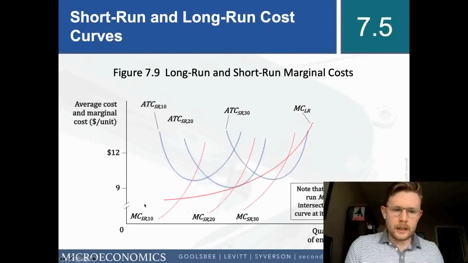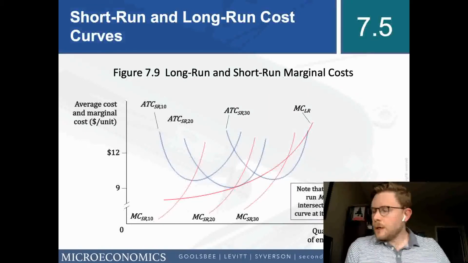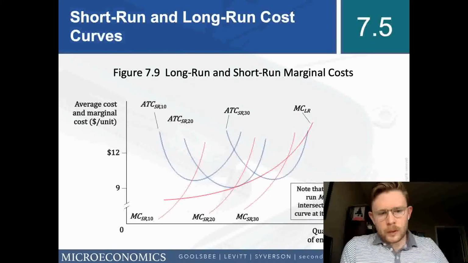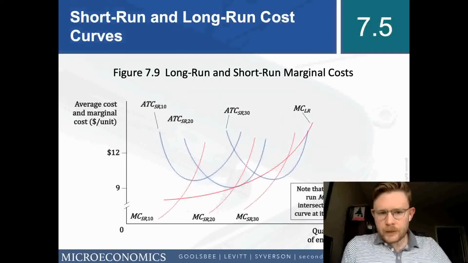You'll notice, similar to the previous lecture, the short run marginal cost curves always go through the minimum point of the average total cost curve, right? Think about the GPA example in the previous lecture.